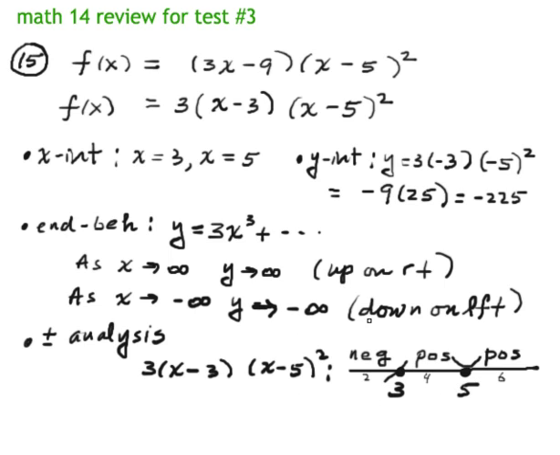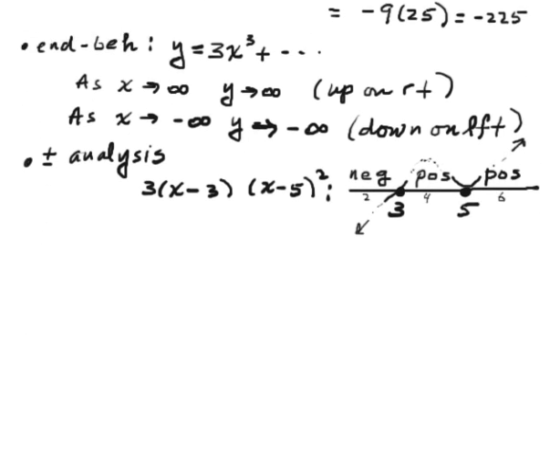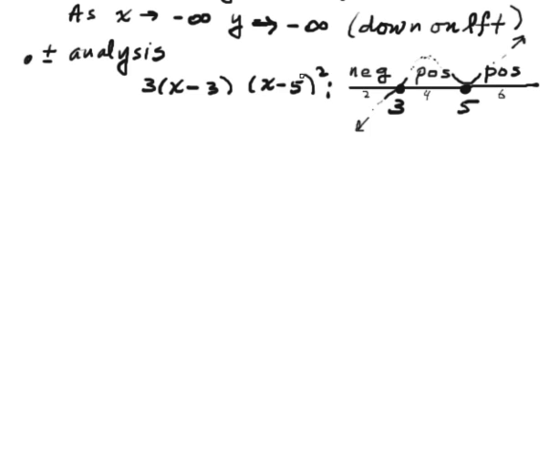Okay, it goes up on the right, down on the left, so we have it going up here and down here. So from the plus-minus analysis, we can see more or less what the graph is going to look like once we connect everything.